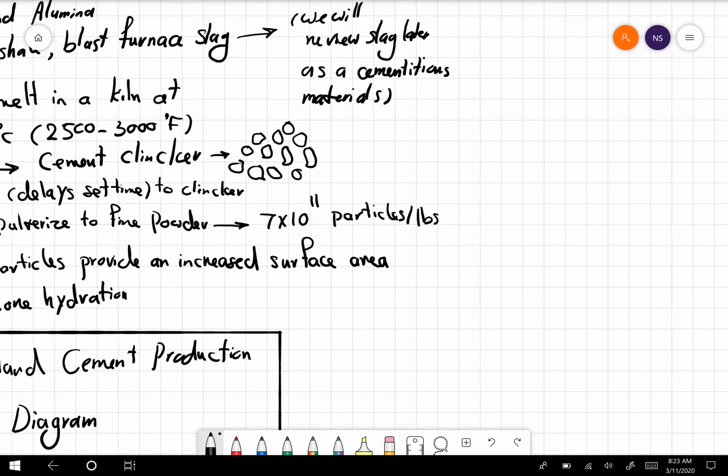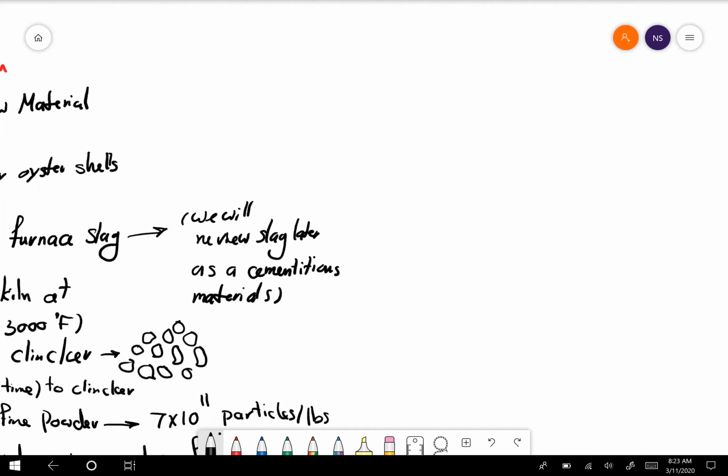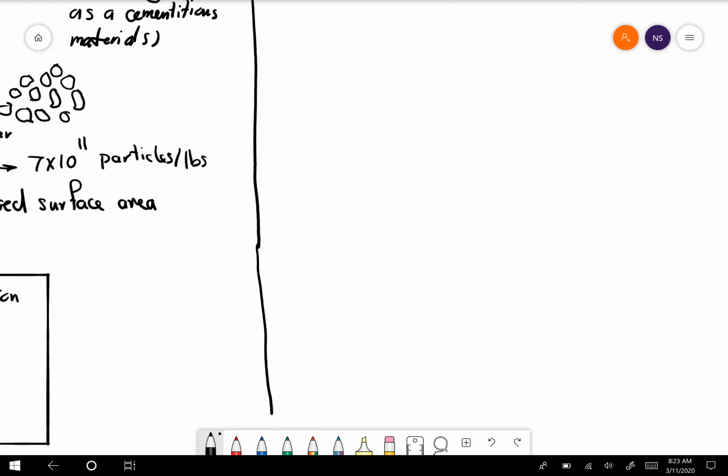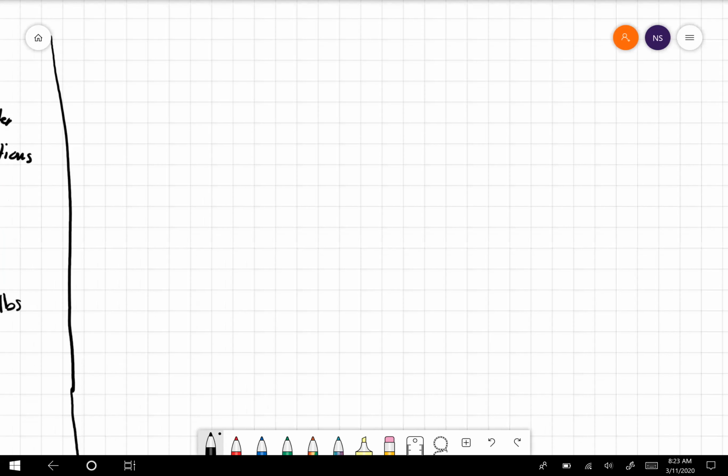So when you look at the notes on Canvas, you should be able to see the diagram and also probably a link to a video that shows the production process.